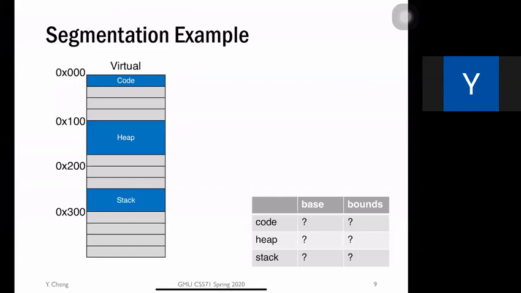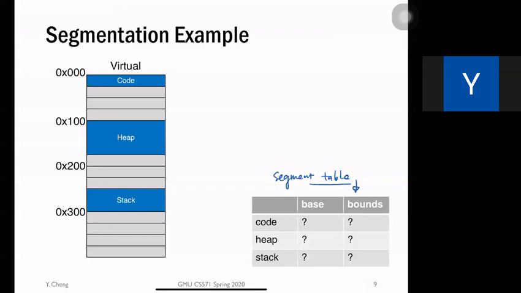On this slide, at the bottom right corner, it shows a so-called memory segment table. Whenever you want to perform a virtual address to physical address translation, you always need to consult this memory segment table to calculate the final physical address.